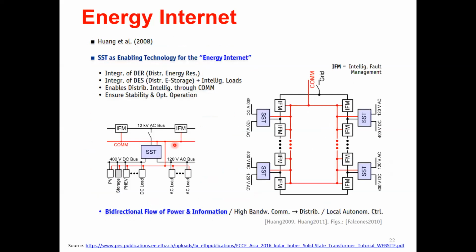Because of that, there is this concept of the energy internet. What the energy internet means is that every major port like this, people want to interface to a solid state transformer. So on the 400 volt DC side, or say 120 volt AC, you may have a set of residential or commercial loads.